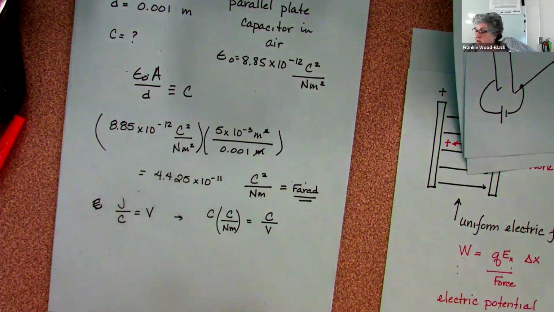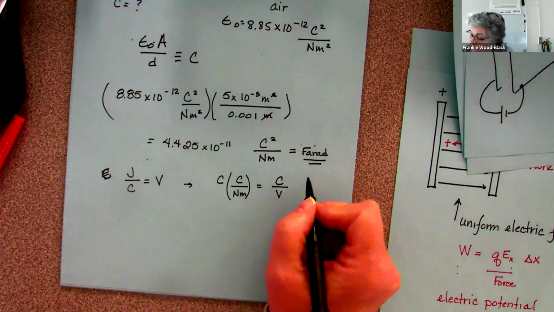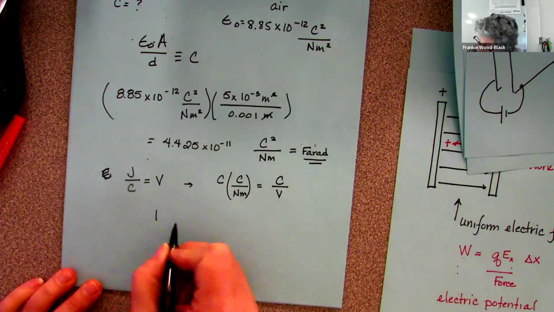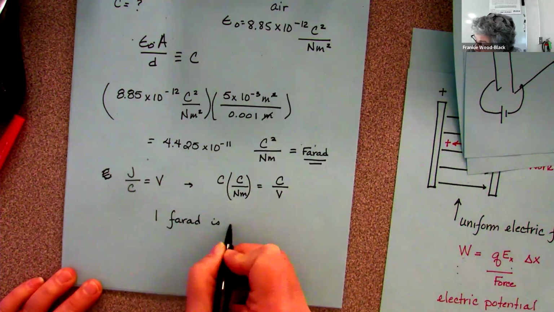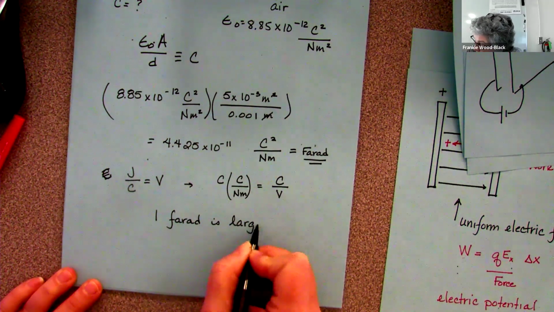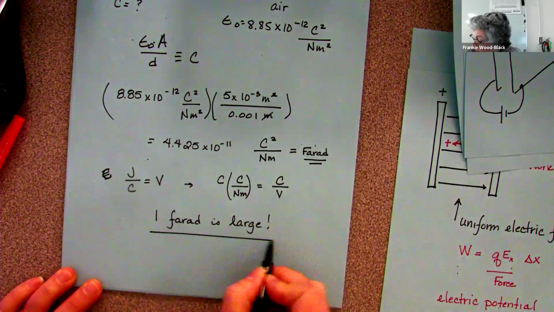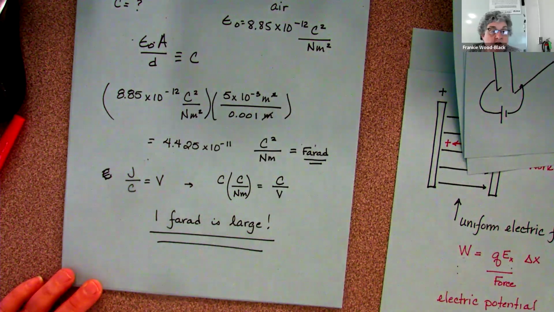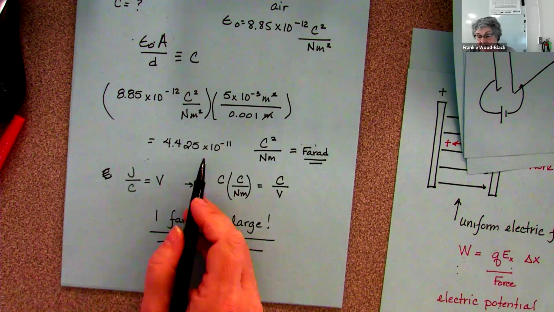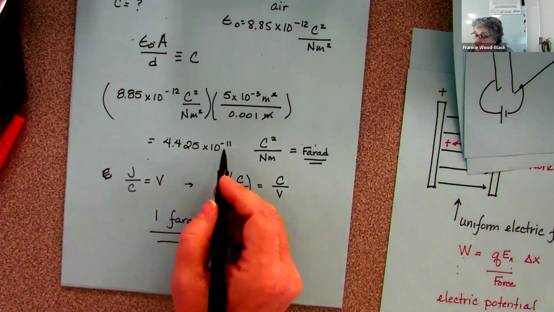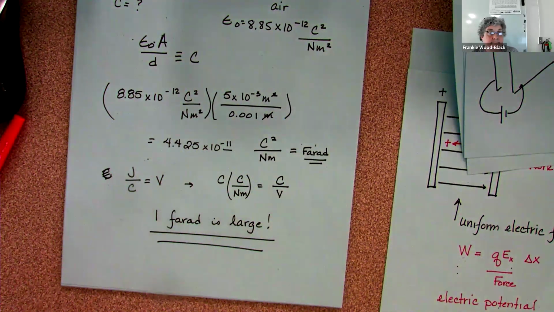So I want to make sure my units are making sense. And this is a farad. And 1 farad is large. One farad is really, really large, because this is a nice capacitor and we're at 10 to the minus 11.